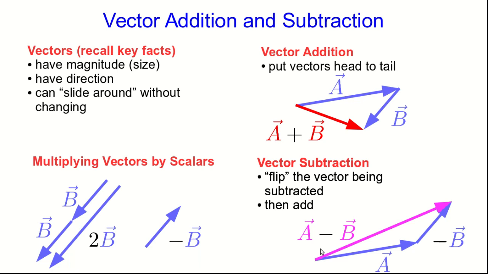Manipulating vectors this way by drawing pictures is often called graphical vector addition and subtraction, as opposed to algebraic vector addition and subtraction. So when I say graphical vector manipulation, I don't mean we're drawing a graph. The word graphical just means with pictures.